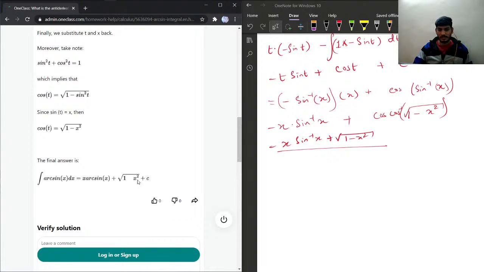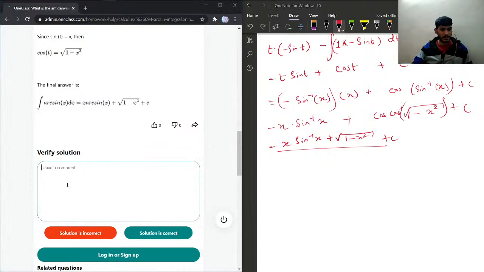This will be minus, and I forgot to add this c. C was always here, it was in this step. So again, the solution given by junior tutor is correct. So correct solution. Good work.